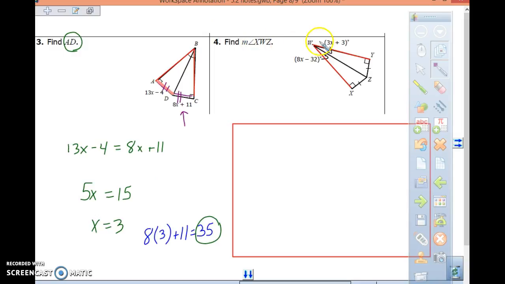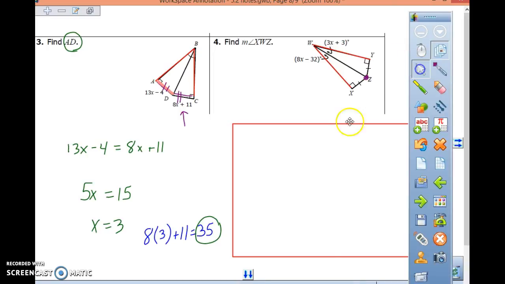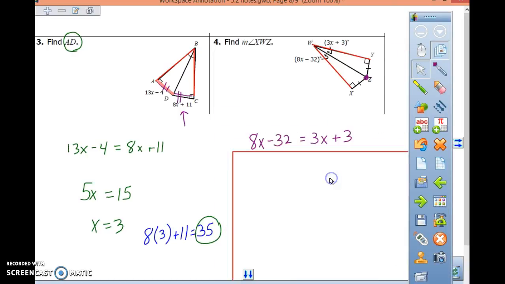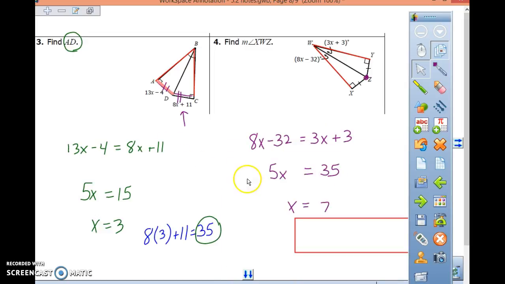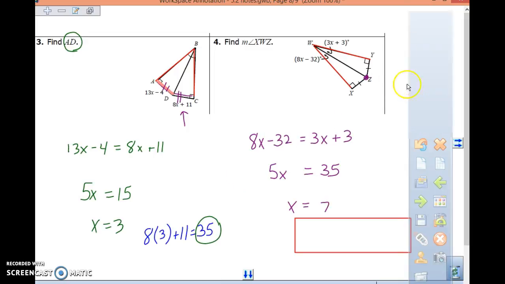Number 4, we have an angle. We have a point on the interior of an angle that is equidistant to each of the sides. By the converse, we know those angles have to be the same. So solving for x, we get 7.